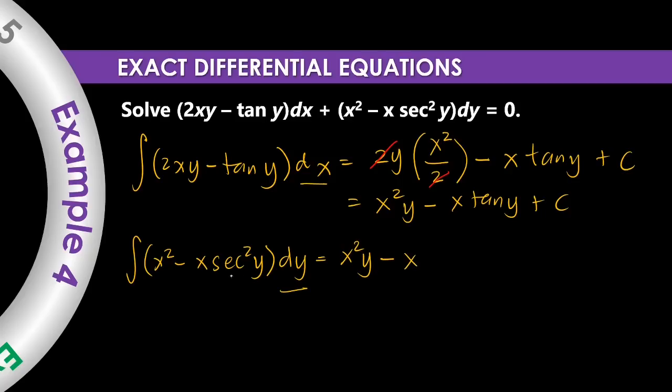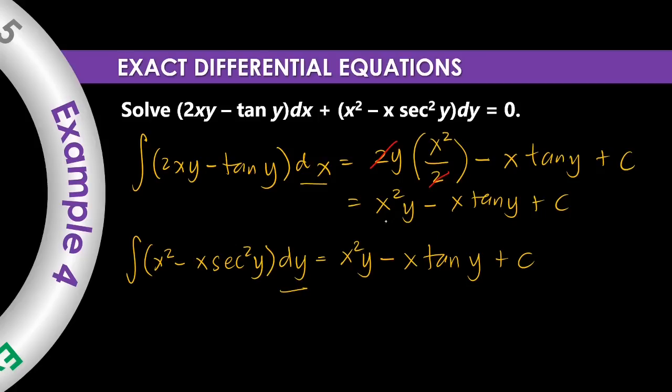Tapos ang i-integrate natin is yung secant squared. Ano ba ang integral ng secant squared y? Di ba tangent yan? Tangent of y. Bakit? Kasi ang derivative ng tangent ay secant squared and then plus c. Okay? Napansin mo na parehas lang sila exactly?